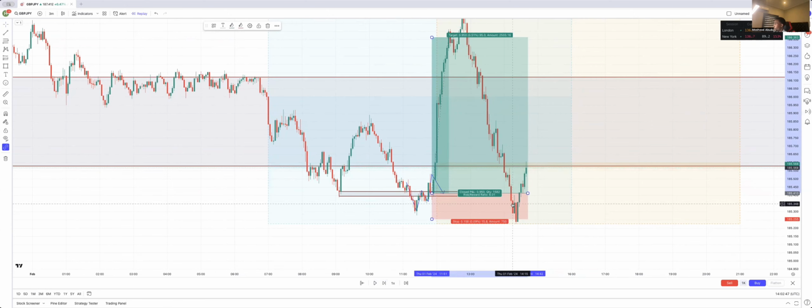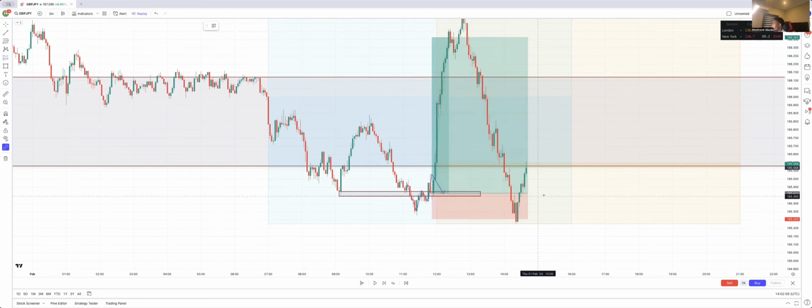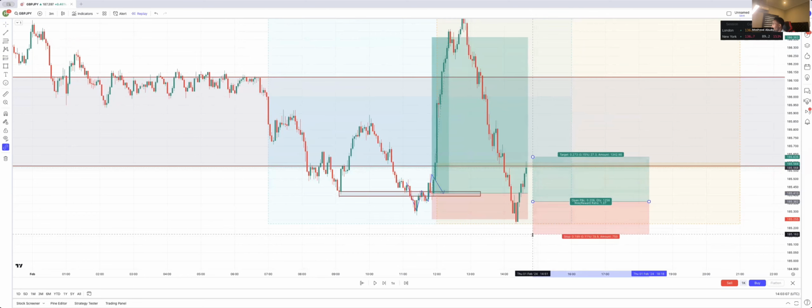So guess what happened again? We have the market creating another W pattern. What I'm going to do here is not enter immediately from here, because this is a trap. I'm going to wait and see if the market comes here, then put my stop loss at 50 pips, nothing more and nothing less.